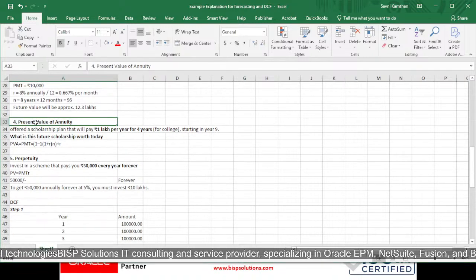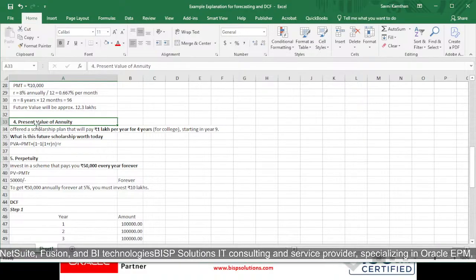Next is our present value of annuity, where instead of all of these which we have studied till now, we got an offer plan that will pay 1 lakh rupees per year for 4 years for the college of our daughter, starting in year 9 only. So we will ask, what is this future scholarship worth today?